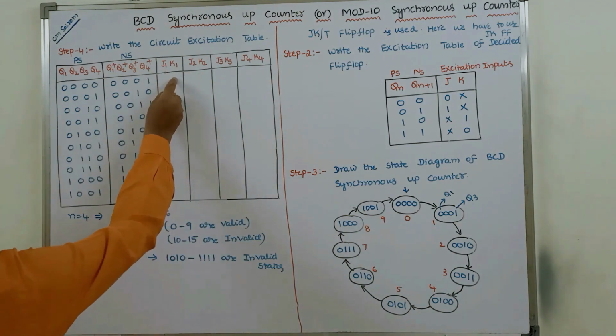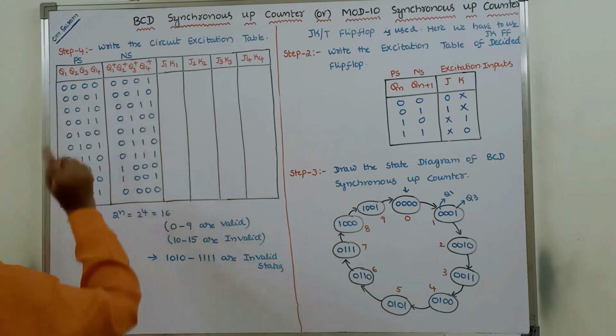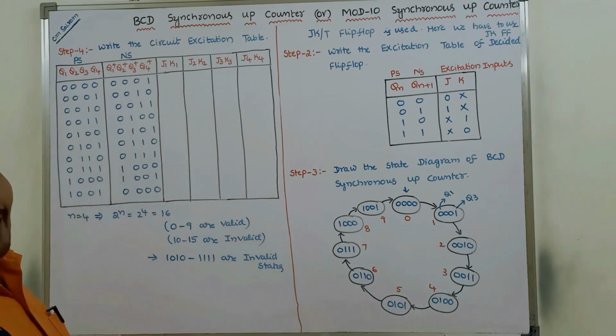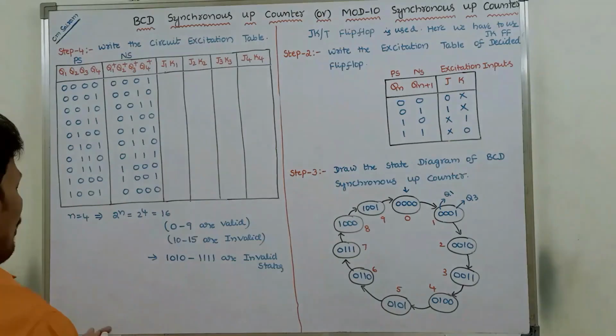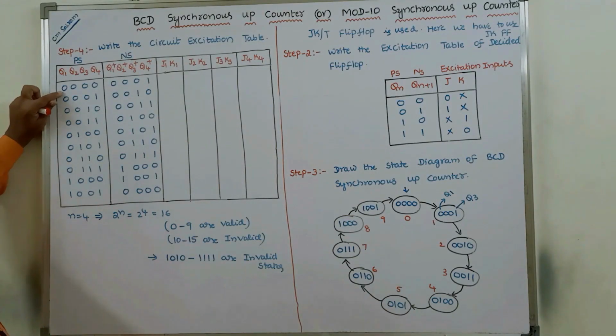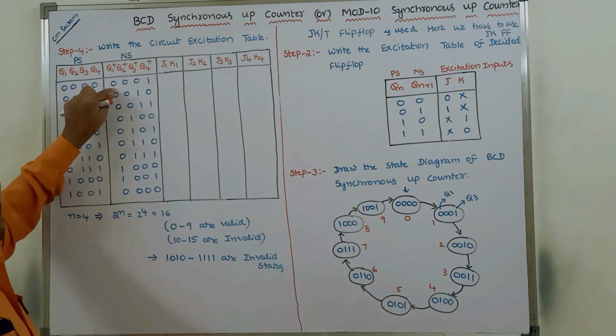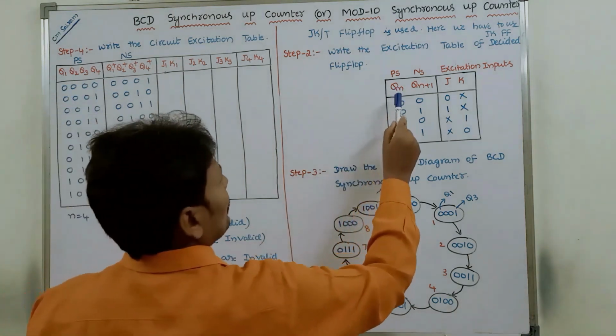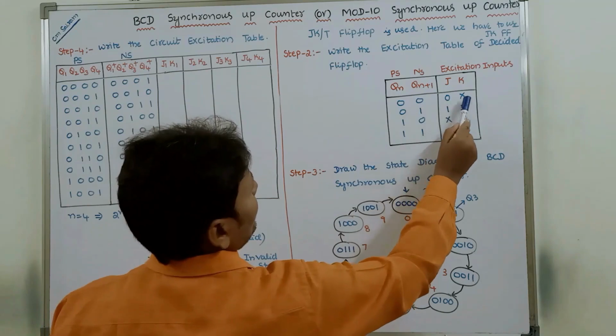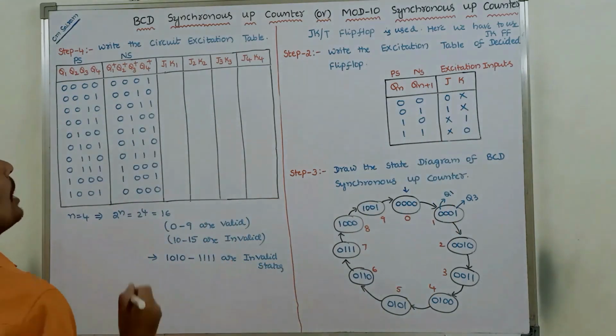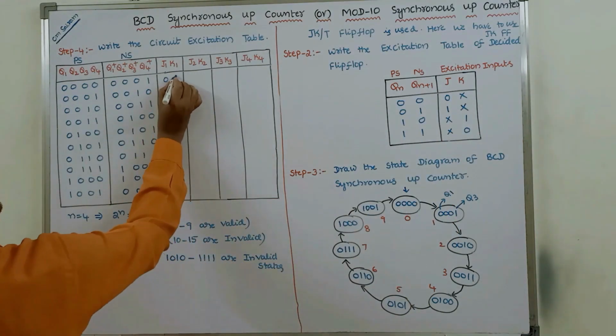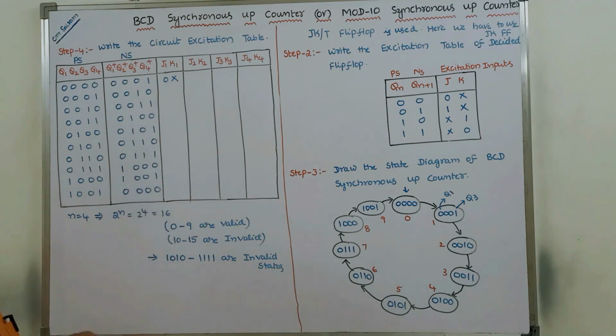For J1, K1, we have to use Q1 and Q1 plus as inputs. Now, see this one. Q1 value is 0, Q1 plus value is 0. What are the circuit excitation inputs? 0, don't care. Here we have to write 0, don't care.